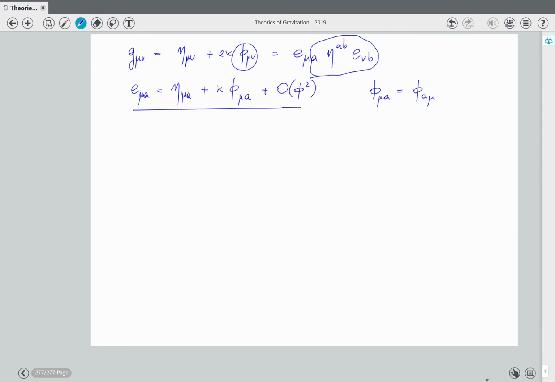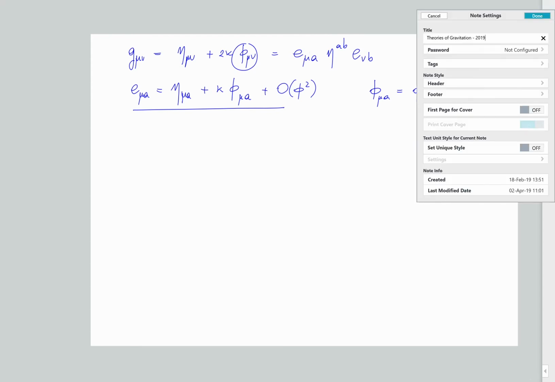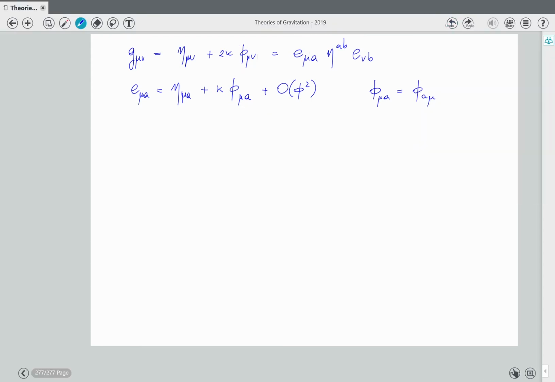So you can choose this to be the solution in the symmetric gauge.